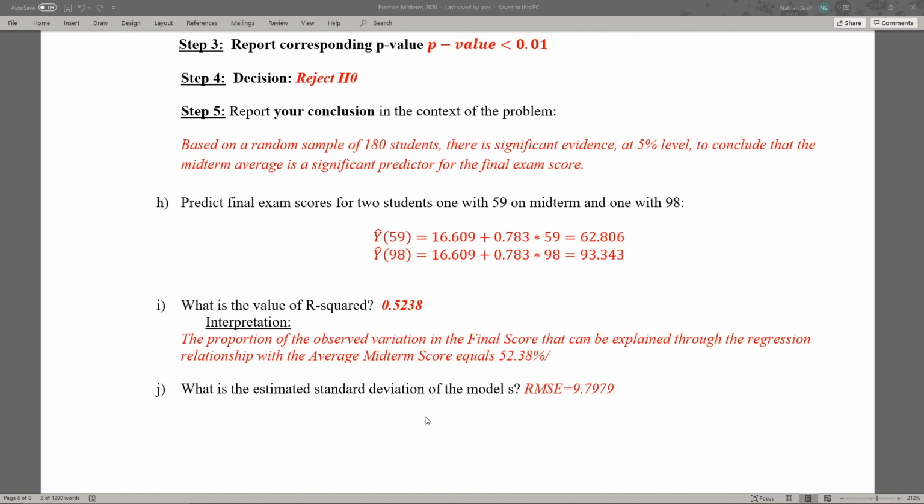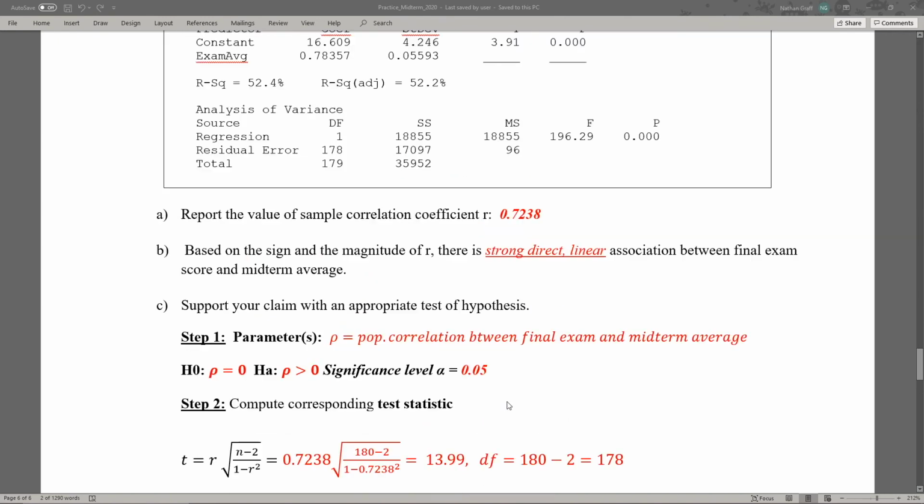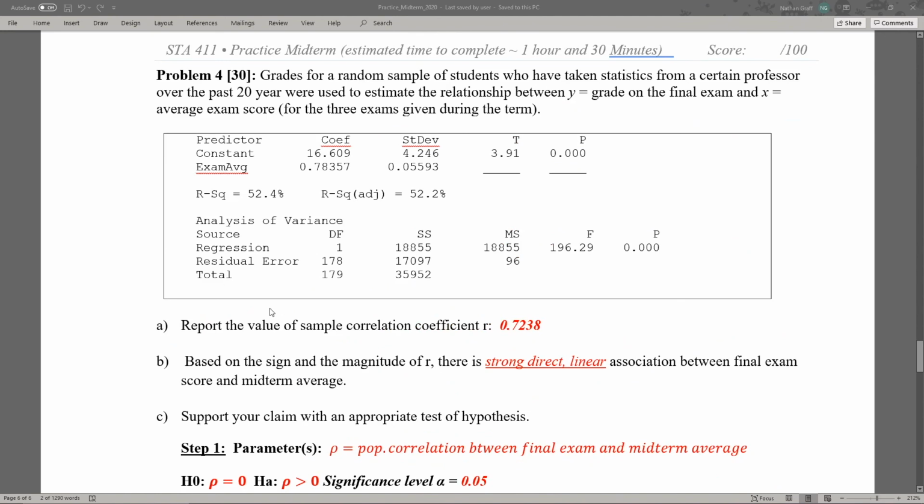Finally, we are asked to estimate the standard deviation of the model. That means we're looking for the RMSE, or rather root mean square error, which we can calculate using some of the values found in the output above. If we scroll up to the top, we can see that in the table here, there is a mean square error associated with the residuals, which has a value of 96.